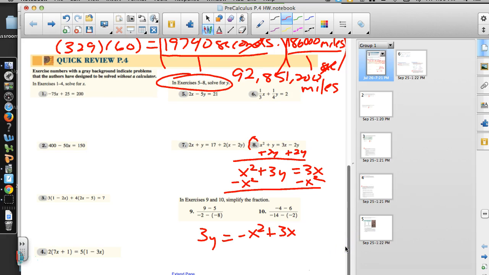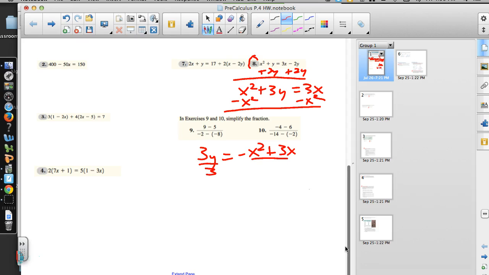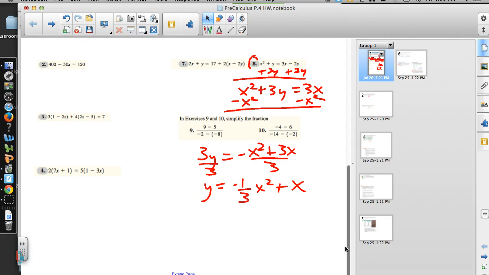And then finally divide both sides by 3. And y equals negative 1/3 x squared plus 1x. And now that is solved for y. So that takes care of the questions on the chapter opener problems.